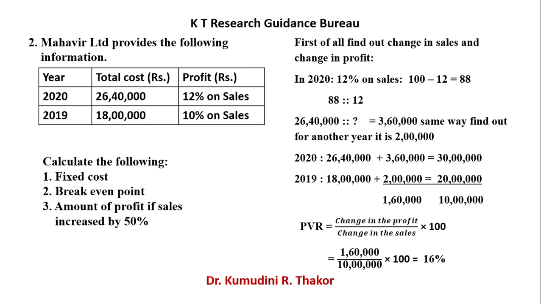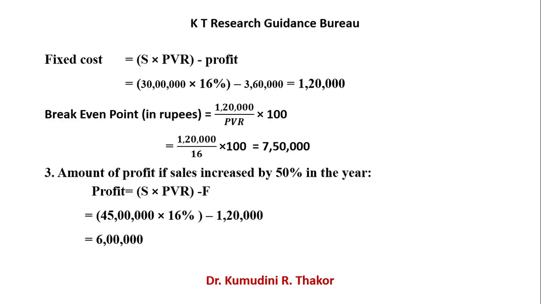Formula is same, change in profit by change in sales into 100. Change in profit, your answer is available 1,60,000, and change in sales, it is 10 lakhs. So your PV ratio is 16%. Now everything you can find out very easily.